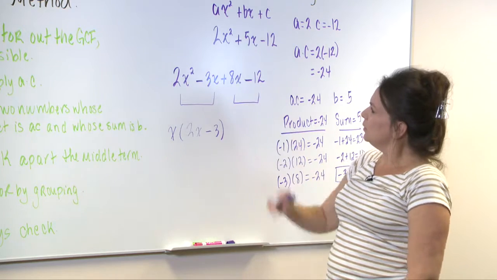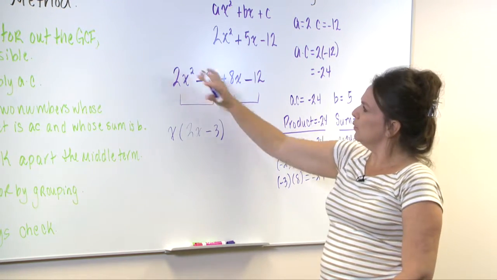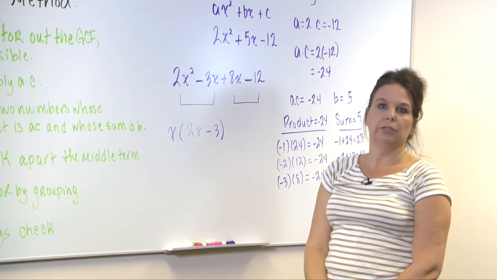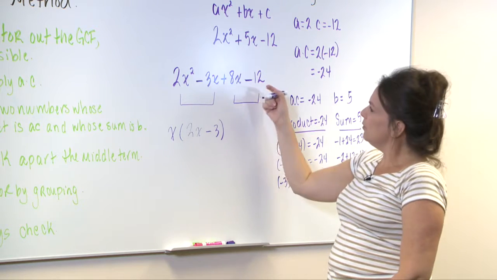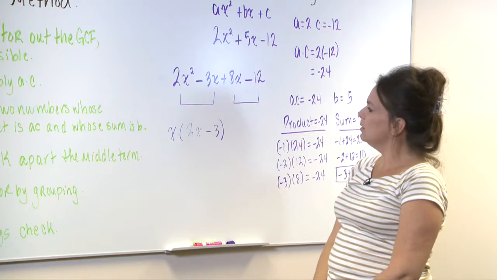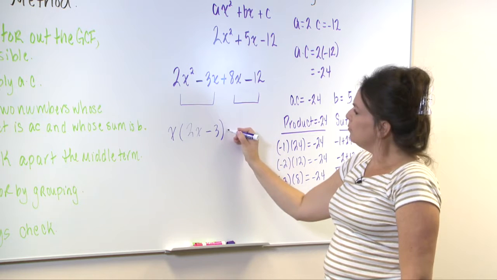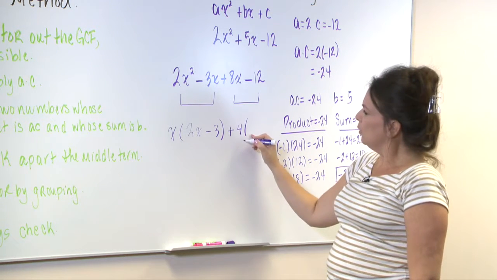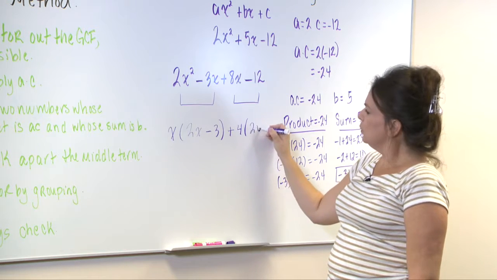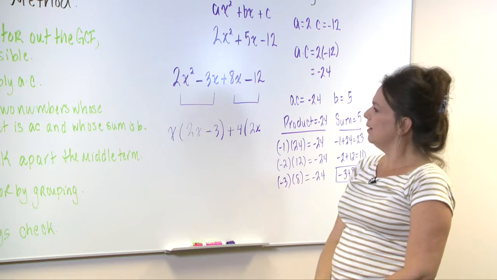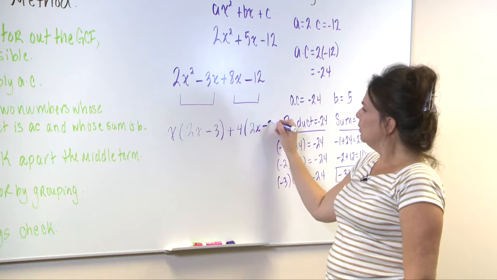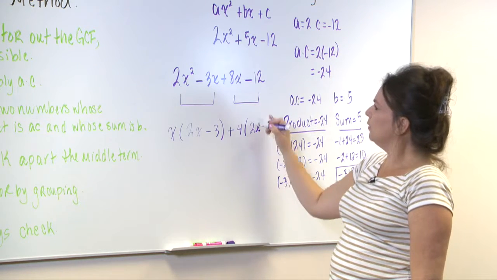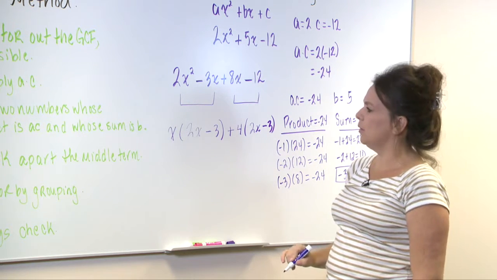Now I'm going to look at the second 2 terms, ignoring for a moment the first 2 terms. The greatest common factor between the second 2 terms is 4. I'll bring my sign of plus down in the middle and factor out a 4. 4 multiplied by 2x will give us 8x. 4 multiplied by negative 3 will give us negative 12.